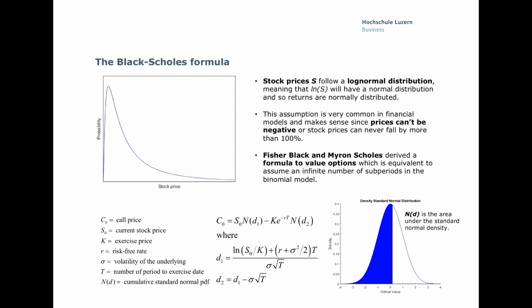However, if the N of d terms are close to 0, meaning that the option almost certainly will not be exercised, then the equation confirms that the call is worth nothing. For values of N of d between 0 and 1, the Black-Scholes formula tells us that the call value can be viewed as the present value of the call's potential payoff, adjusting for the probability of in-the-money expiration.